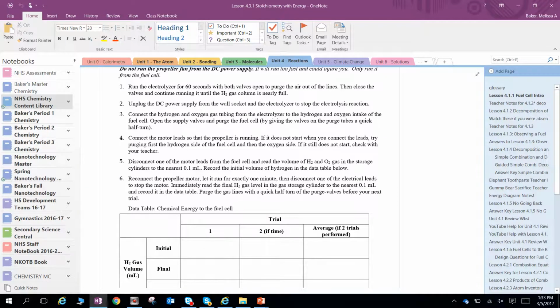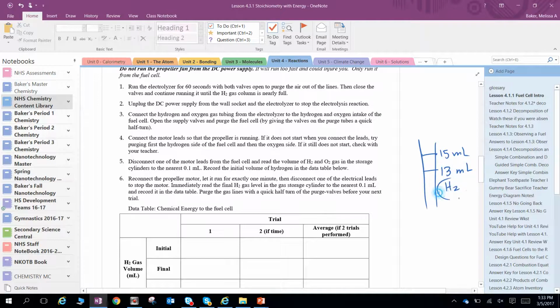We're going to figure out, if we're running the propeller for 1 minute, how much of the gas in that tube was actually used up, so we can record the initial milliliters. Actually, I don't think it goes up to 20. Let's say there were 15 milliliters, and after it runs the propeller for 1 minute, there's only 13 milliliters of hydrogen gas.